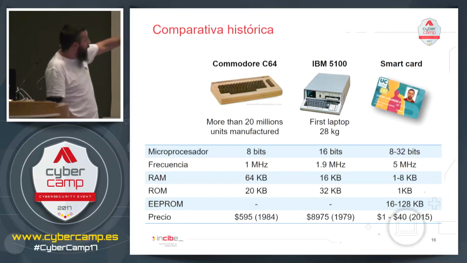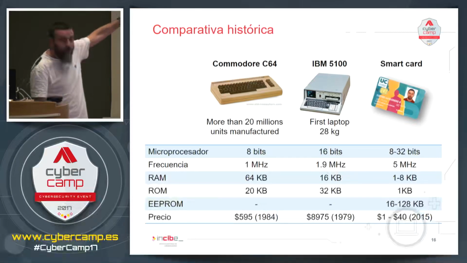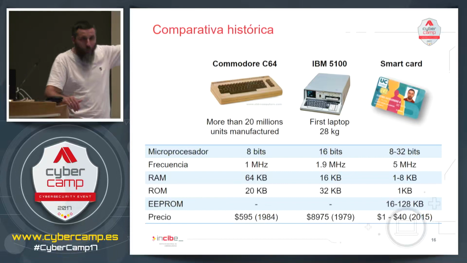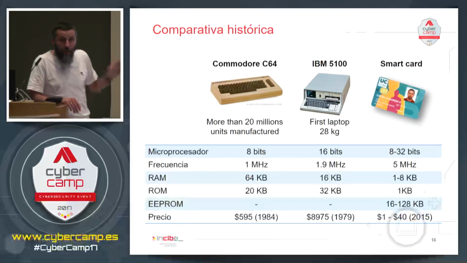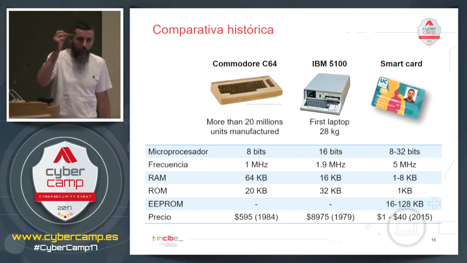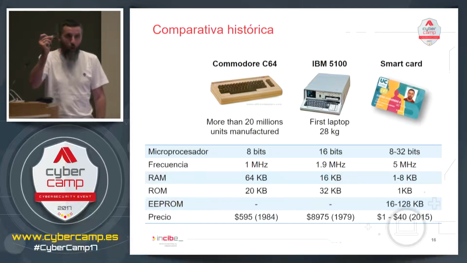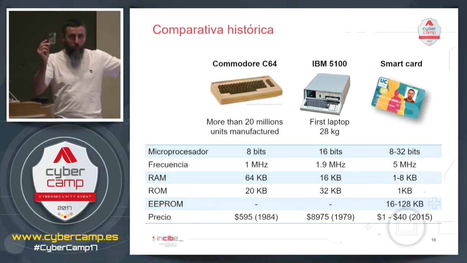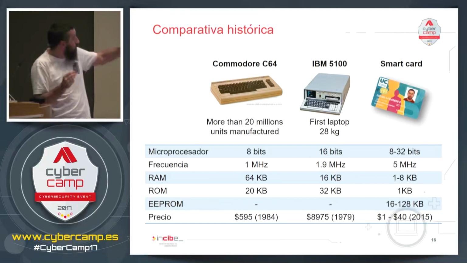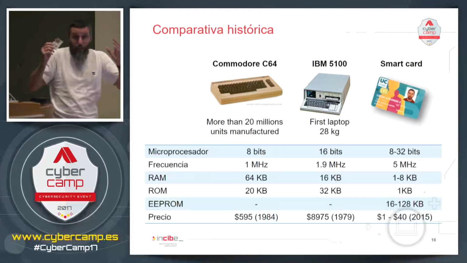When I started out working here, these are the ones that we used. And you can see that these computers, like the Commodore C64 and the IBM 5100, offered functions that are actually far more limited than the smart card that you have today. So it just gives you an idea of the technological development that the world has undergone.